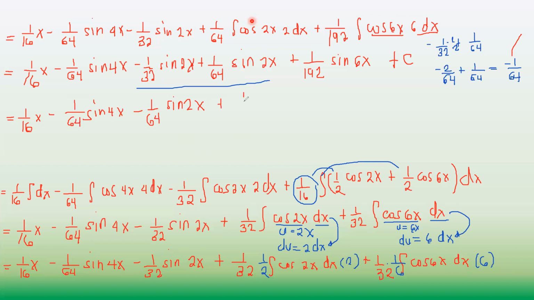Plus 1/192 sine 6x. Then plus c. Okay, so we have our final answer as 1/16x minus 1/64 sine 4x minus 1/64 sine 2x plus 1/192 sine 6x plus c.